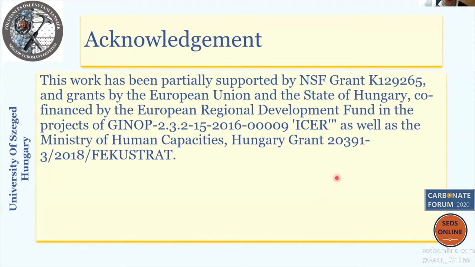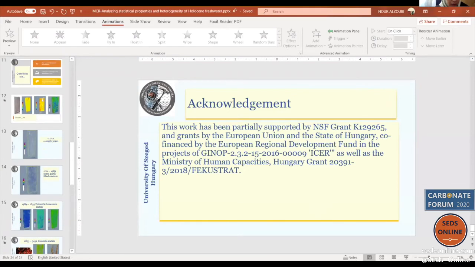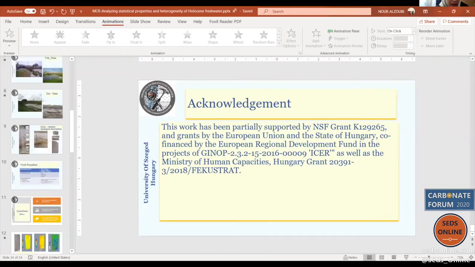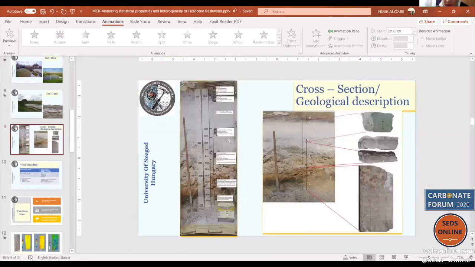Actually, as I mentioned here, my sample relates to the previous studies, with ages between 15,000 years and 12,000 years. So all the components relate to this period. Okay, thank you very much.